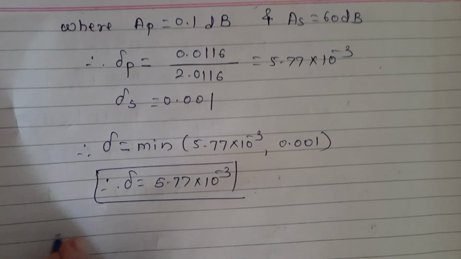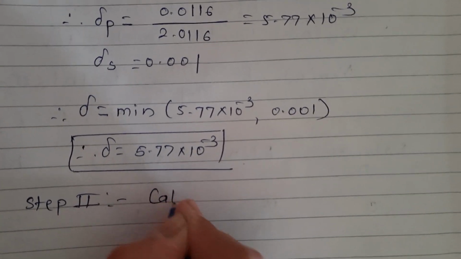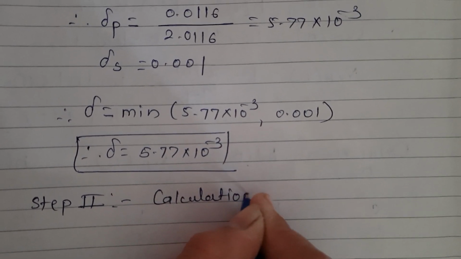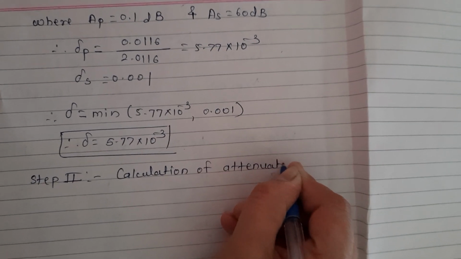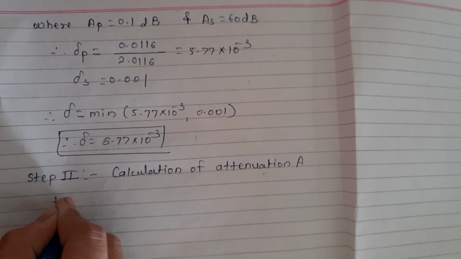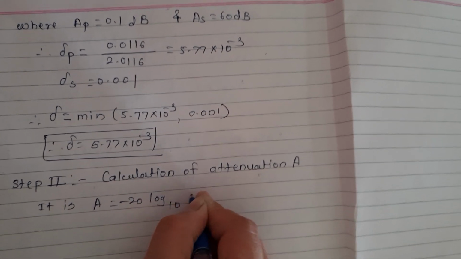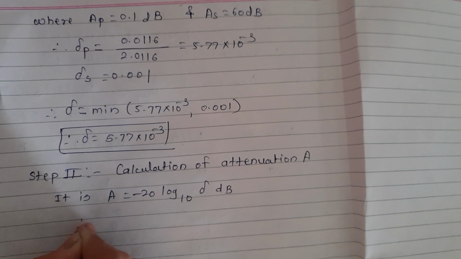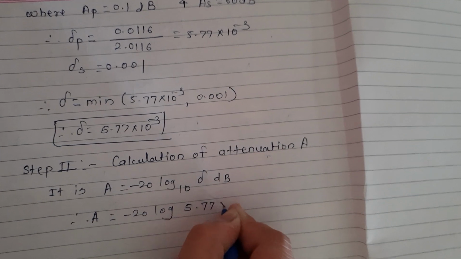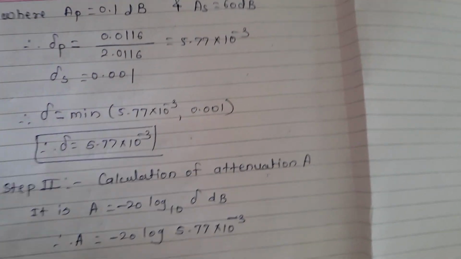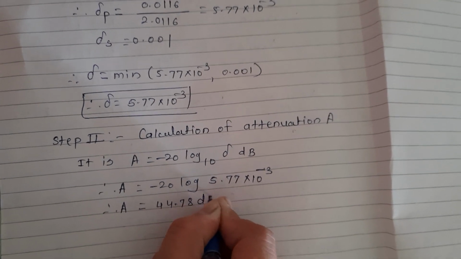Next, step 2, calculation of attenuation A. A is equal to minus 20 log to the base 10 of delta dB. Therefore A is equal to minus 20 log of 5.77 into 10 raised to minus 3. Therefore A is equal to 44.78 dB.